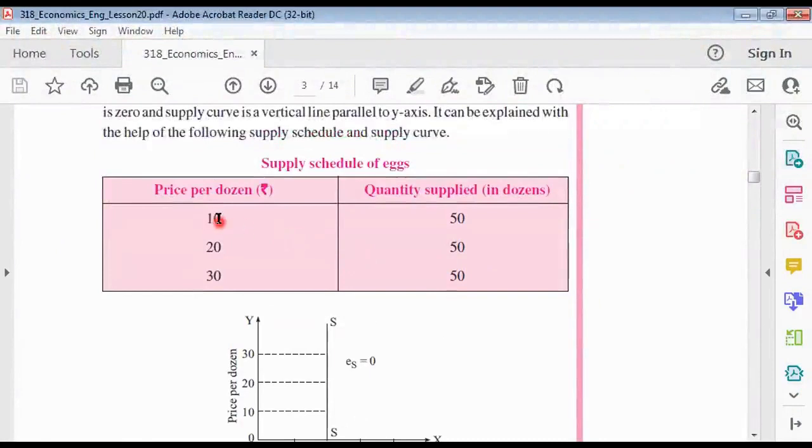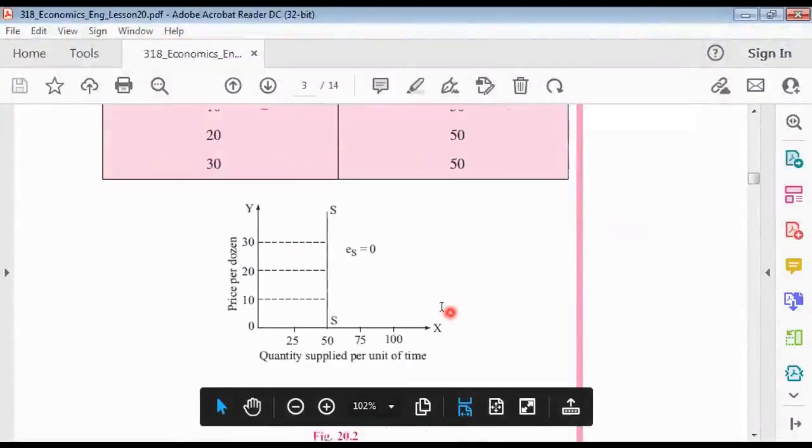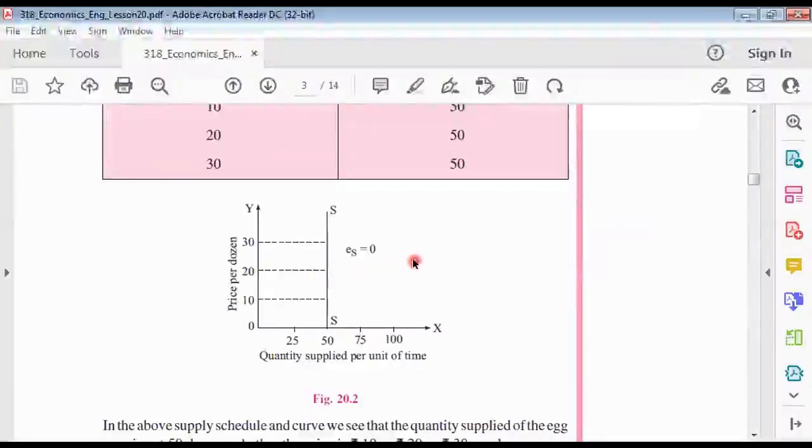Price is rising from 10 per dozen to 20 per dozen to 30 per dozen. But what happens to quantity supplied? It is same. It is same 50 throughout. And if you draw a graph according to the table, you'll get a graph like this exactly. And what if you apply the formula? Percentage change in quantity supplied.